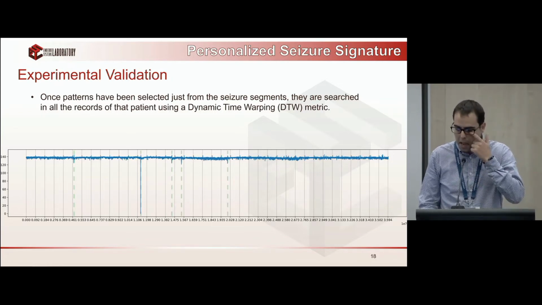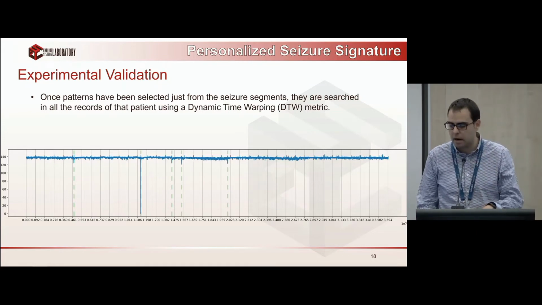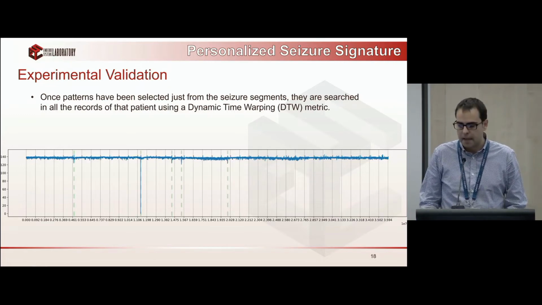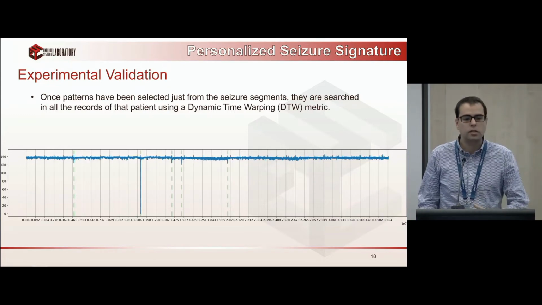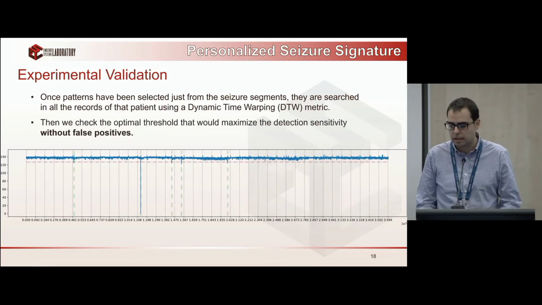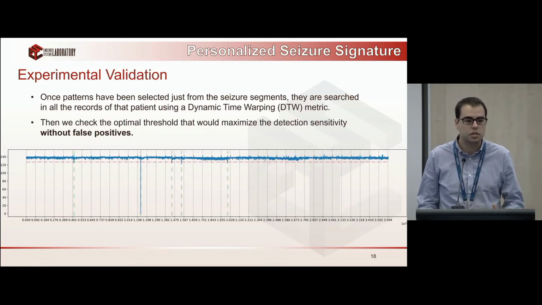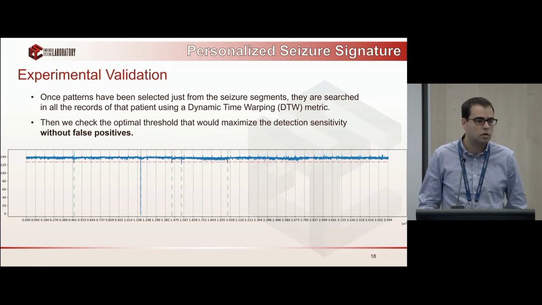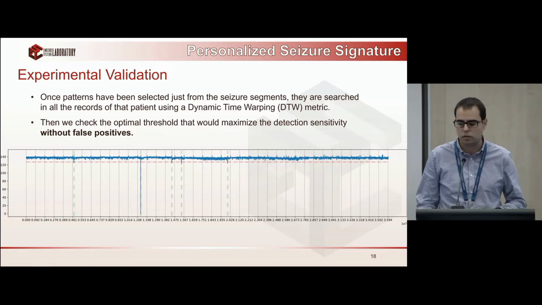So in this picture, you can see the green bars correspond to the seizure, and the blue line is the distance metric. And then we see, okay, what is the optimum threshold that allows us to detect as many seizures as possible without any false positive? This was one of the constraints we imposed. We accepted no false positives in the whole duration of the patient.